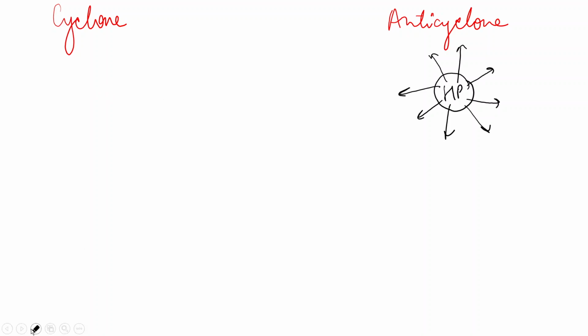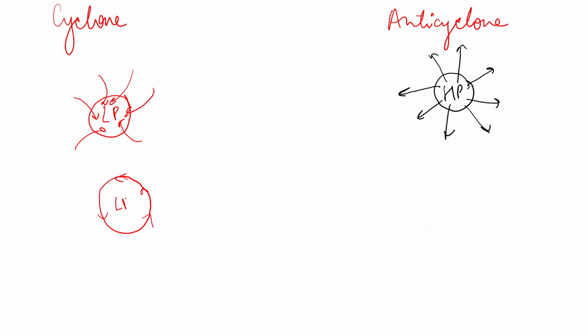Right. So if this is the low pressure, this is how we get this. So the general direction of these cyclones would be anti-clockwise.